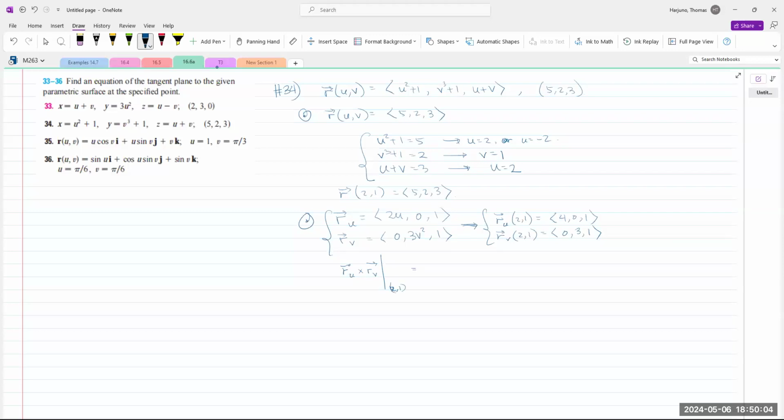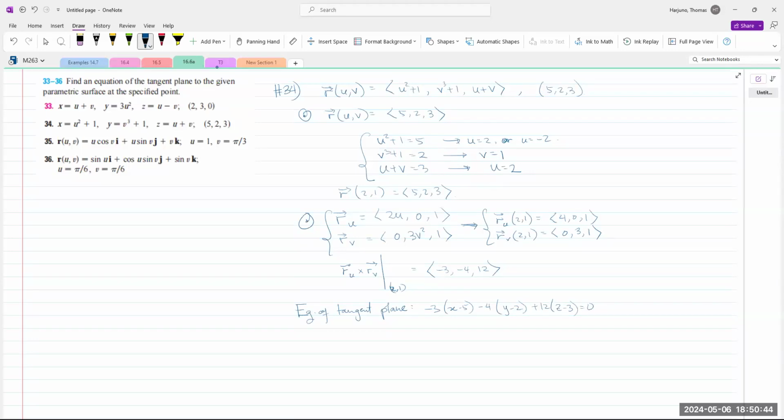At (2, 1), that will be (-3, -4, 12). Now this is the vector normal to the plane. So the equation of the tangent plane will be -3 times (x minus 5), -4 times (y minus 2), plus 12 times (z minus 3) equals 0.